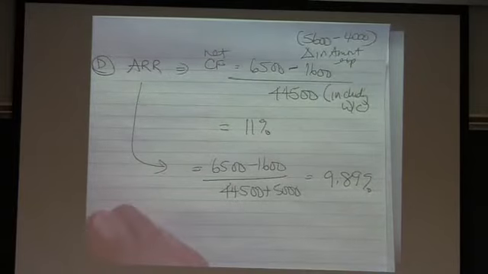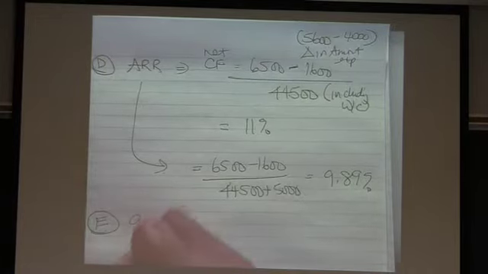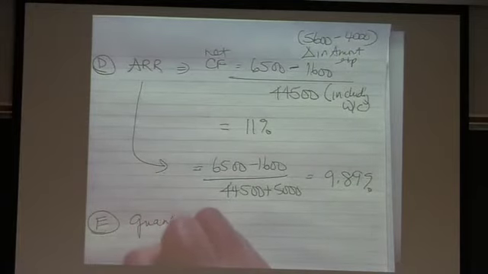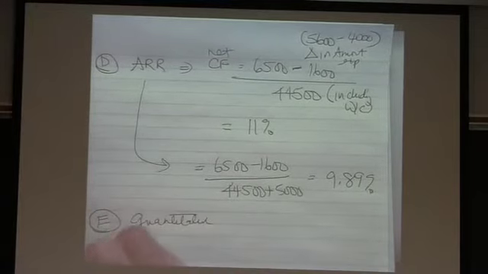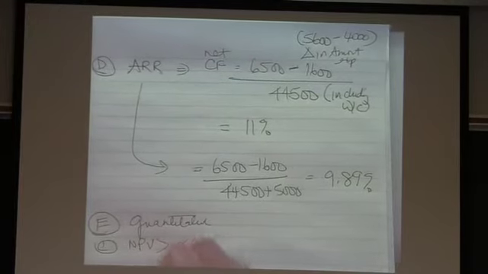Now for part E, it's asking us, based on your calculation above, state your conclusion on whether we should buy the new tubing machine or not. So looking at the quantitative, first one, NPV greater than 0, so it's a go.